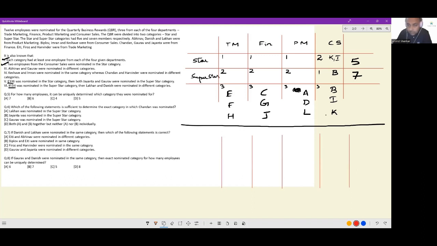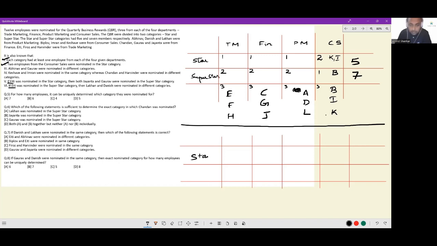In one case, I will go ahead and place EP in the star category. In the other case, I will go ahead and place EP in the superstar category and then see how it works out. I'm trying to match the table at the top, although I haven't done a very good job of it. I'm trying to match the table on the top so that I don't have to write these names again.